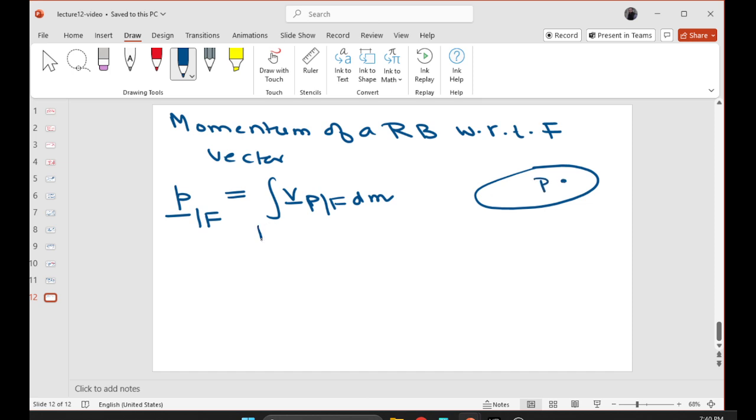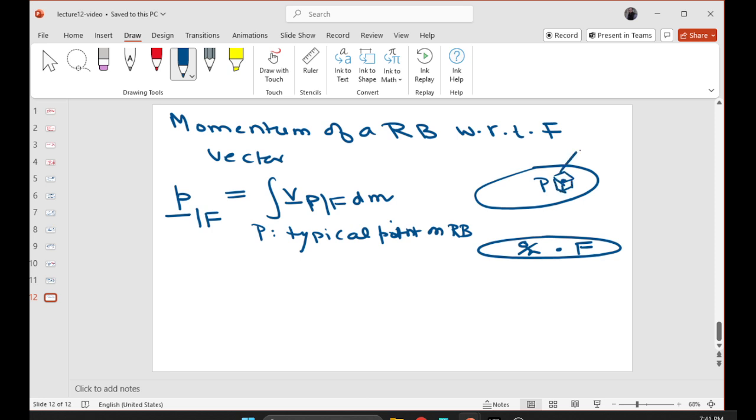P is a typical point on the RB, F is the reference frame in context, and dm is a small mass in the neighborhood of point P. This is how we define the momentum of the rigid body with respect to frame F. The SI units of this quantity will be kg meters per second.